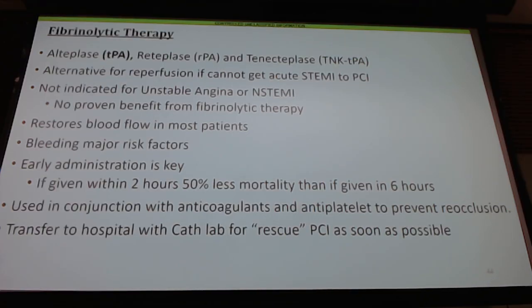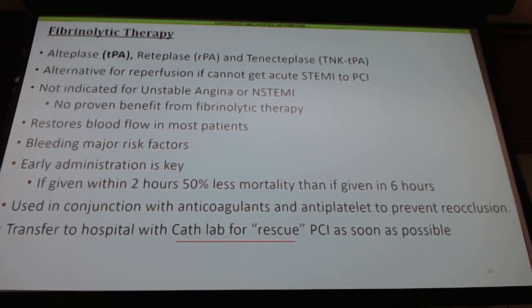The problem with this is you're not done with therapy once you give them these fibrinolytics. They'll do this down the road, it might be a couple of hours, maybe a couple of days after fibrinolytic therapy was administered, but they're going to undergo a cath procedure to do a rescue PCI because I still have that unstable plaque that led to that acute occlusion that needs to be dealt with.